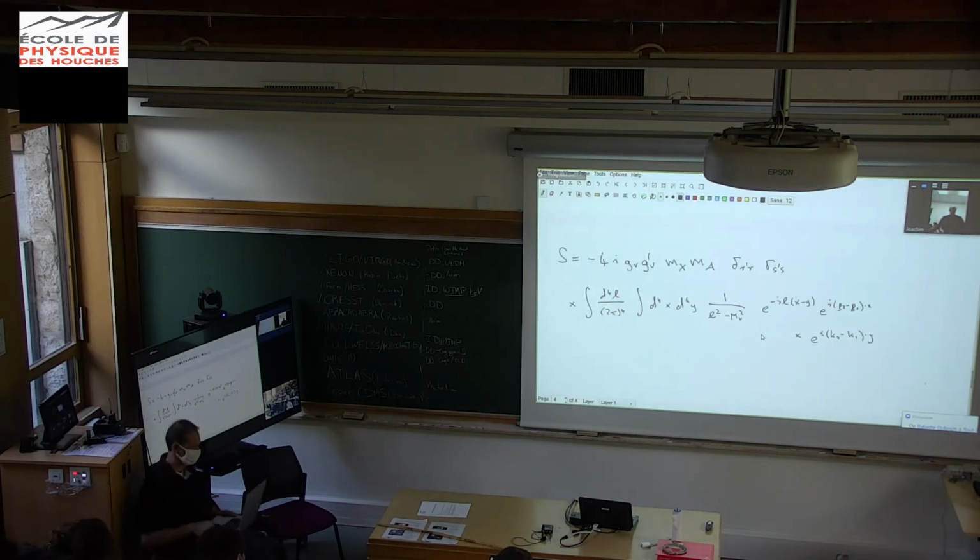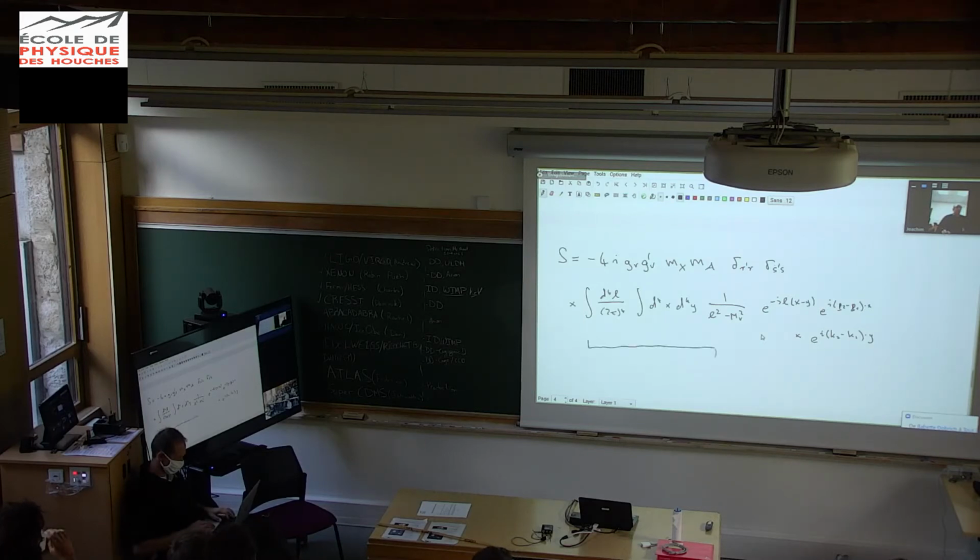Okay, and these integrals are very simple because first of all, you see that there's no x dependence apart from these exponential factors. And if you do an integral over these exponential factors over all space, that just gives you Dirac delta functions. So this gives just d4L divided by 2 pi to the 4.